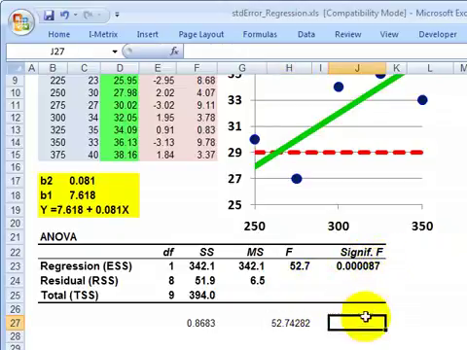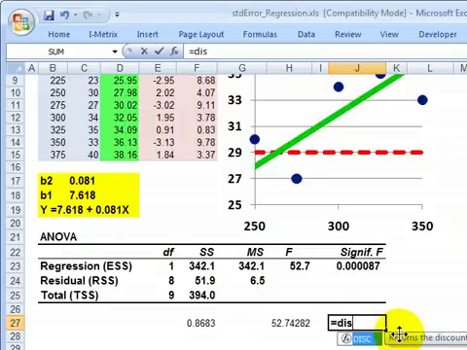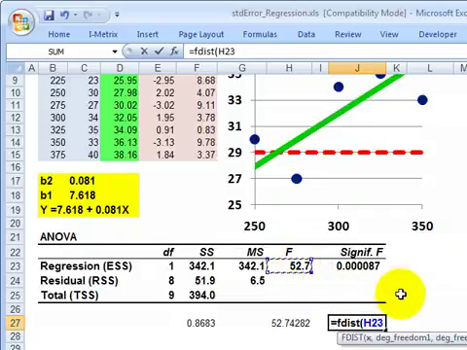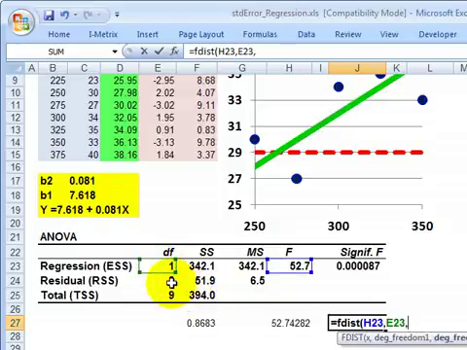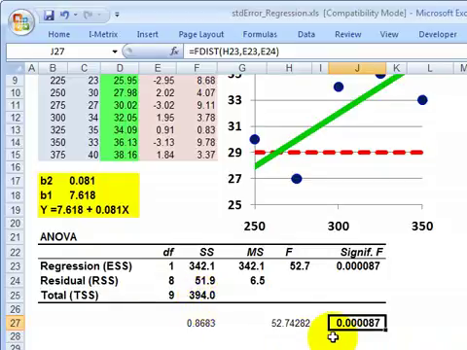The significance F value is just the corresponding p-value for that. We could do the same thing in Excel by using the F.DIST function and giving it this F ratio value, and then it needs 2 degrees of freedom. The first degree of freedom for the regression, the second one from the residual, and we get 0.000087, a very low p-value.